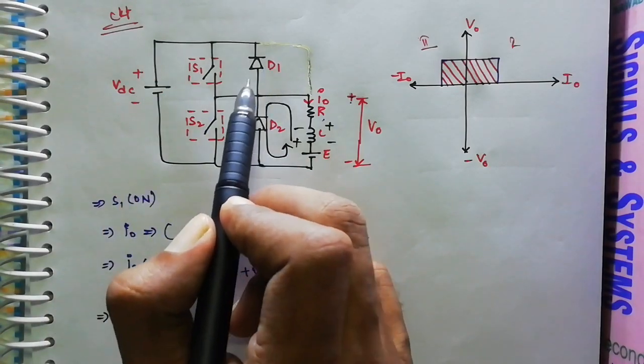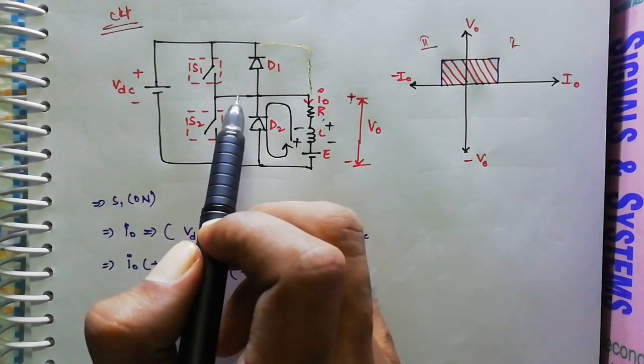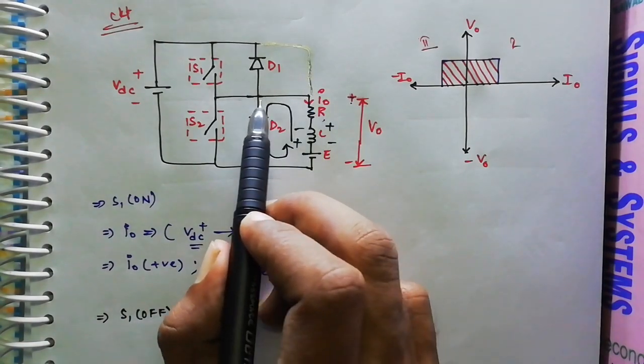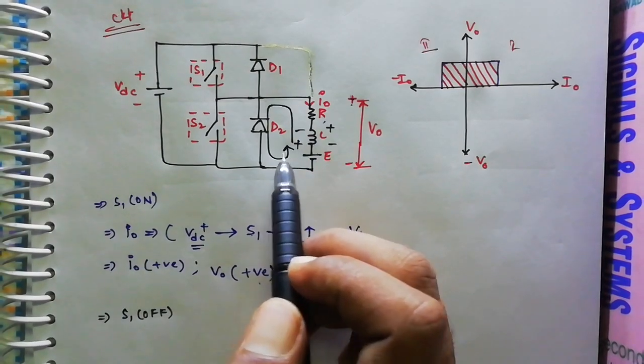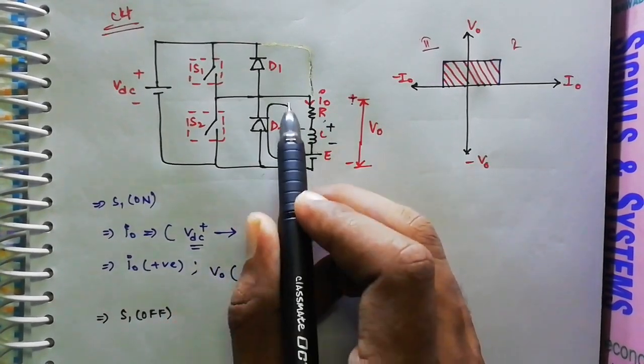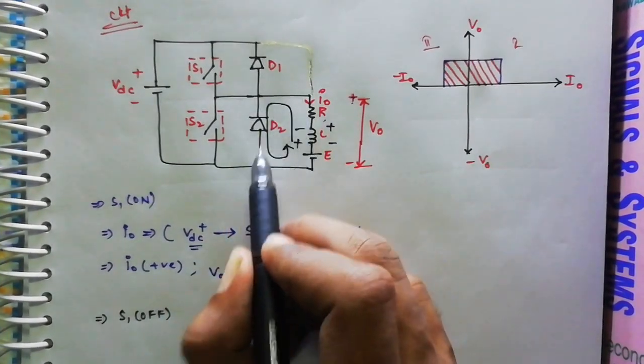So the current won't go there, but it can reach its original path from where it originated. So the current will circulate in this small loop.